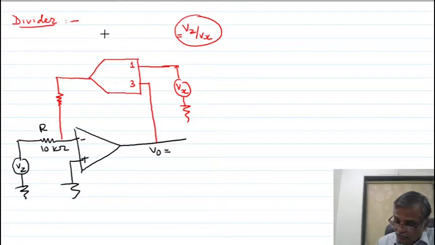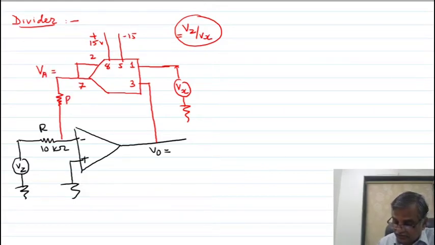Now this is your pin number 8. I am connecting plus 15 volt. Pin number 5 I am connecting minus 15 volt. Pin numbers 2 and 7 are short circuited. Here the output of the multiplier IC, I am writing VA. This is resistance R, it is 10 kilo ohm, and you can see here you have kept the multiplier IC in a feedback path of the operational amplifier.